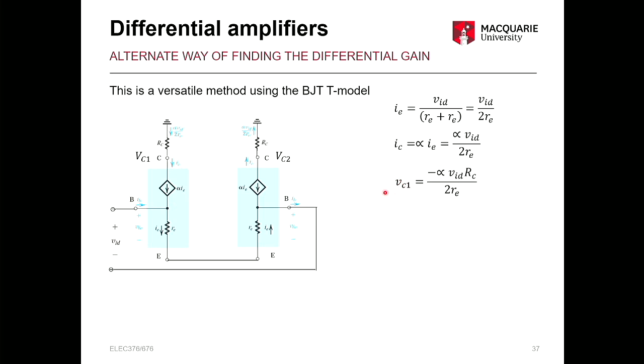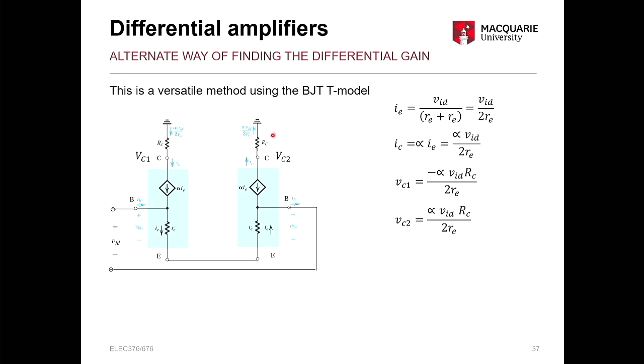And then we get an expression for VC1 as minus alpha VID RC, so that's that current IC just going through the resistor RC. We have it grounded here, so it's a negative because it's 0 minus that voltage drop across that resistor.